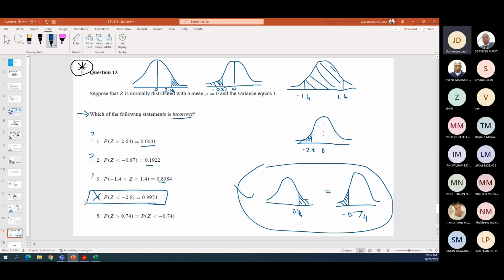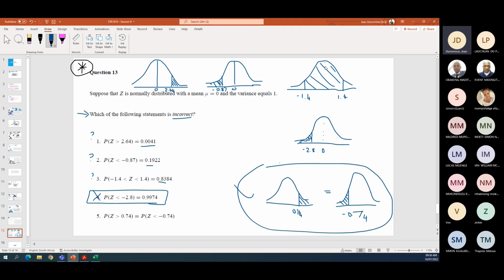There was a hand, so quickly ask the question. Yes. Number 3, how did you make the assumption that it is between 0.8? Cool question. So, how did I make the assumption?